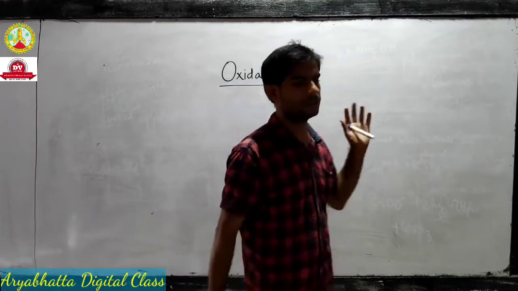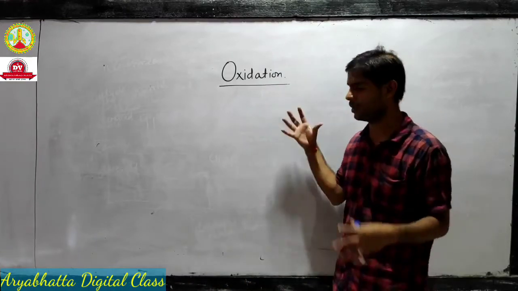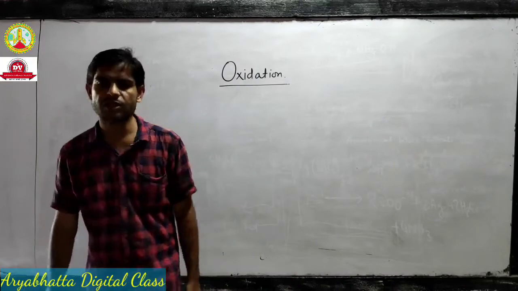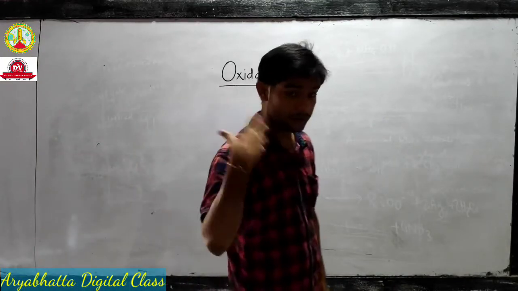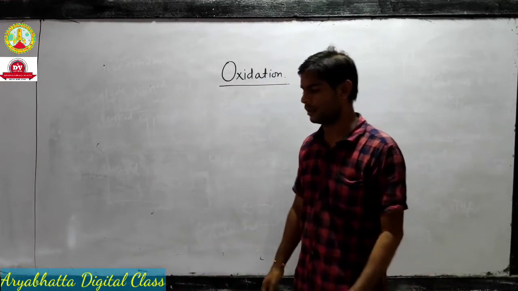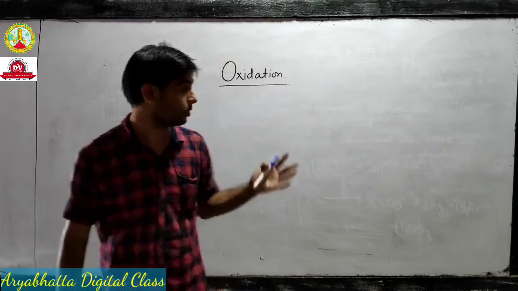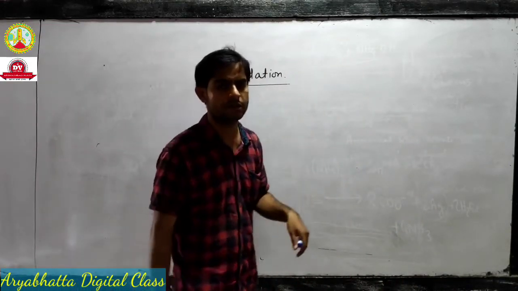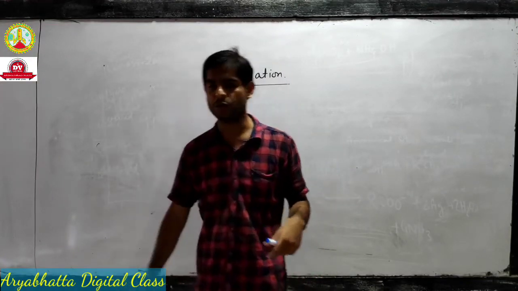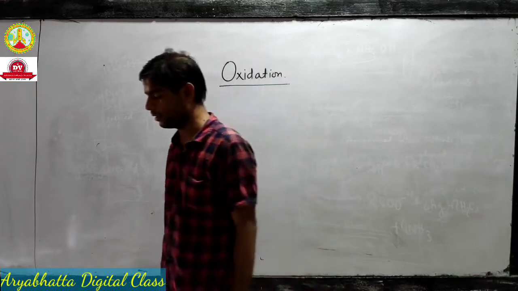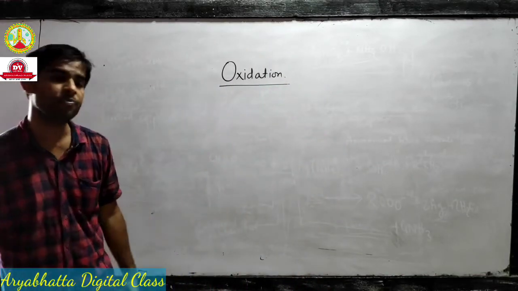Just keep this reaction in mind, the Tollens test or silver mirror test, and remind me any day after the physical classes resume. In lab just tell me, sir, we want to see that silver mirror test, and I will show you. This is a very beautiful test. You will see for yourself how beautifully a silver mirror is created around the walls of the test tube.